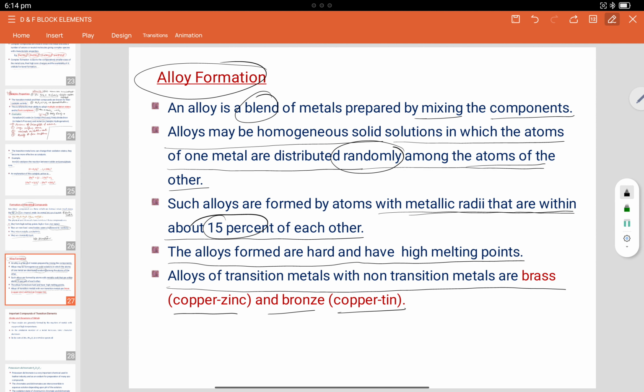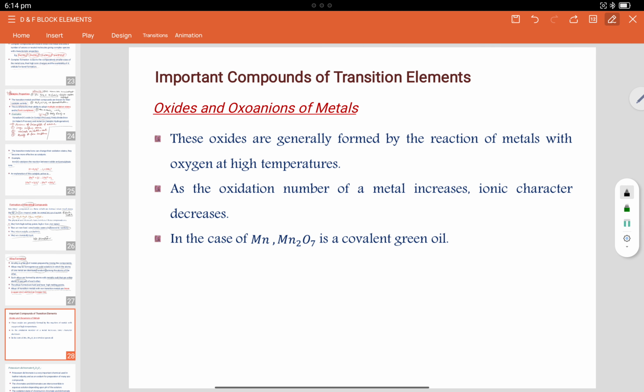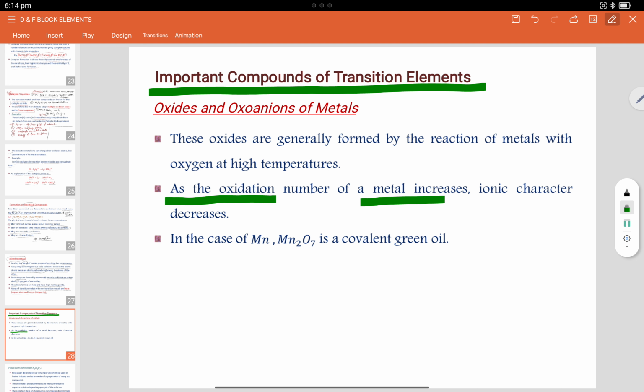In the beginning, I told you this is a chapter of theory only, so you have to pay attention. Important compounds of transition elements: oxides and oxoanions of metals. These oxides are generally formed by the reaction of metal with oxygen at high temperature. As the oxidation number of a metal increases, ionic character decreases.